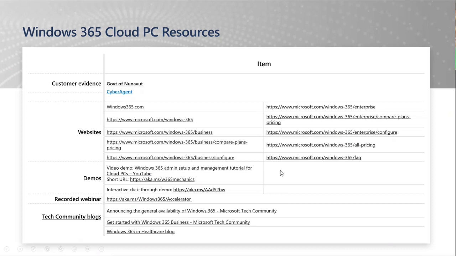So maybe Windows 365 Business is better for small companies, while Enterprise is good for companies sized up to 500 PCs.